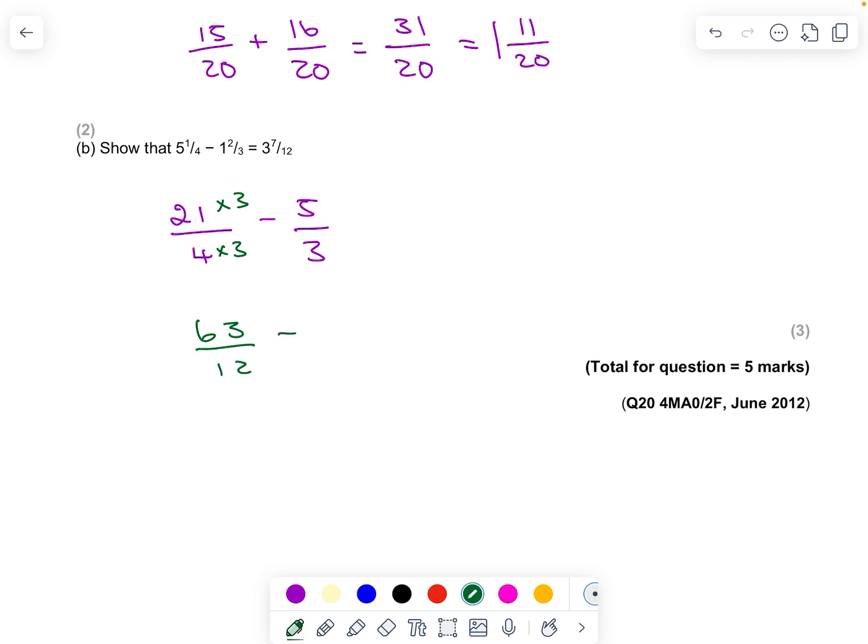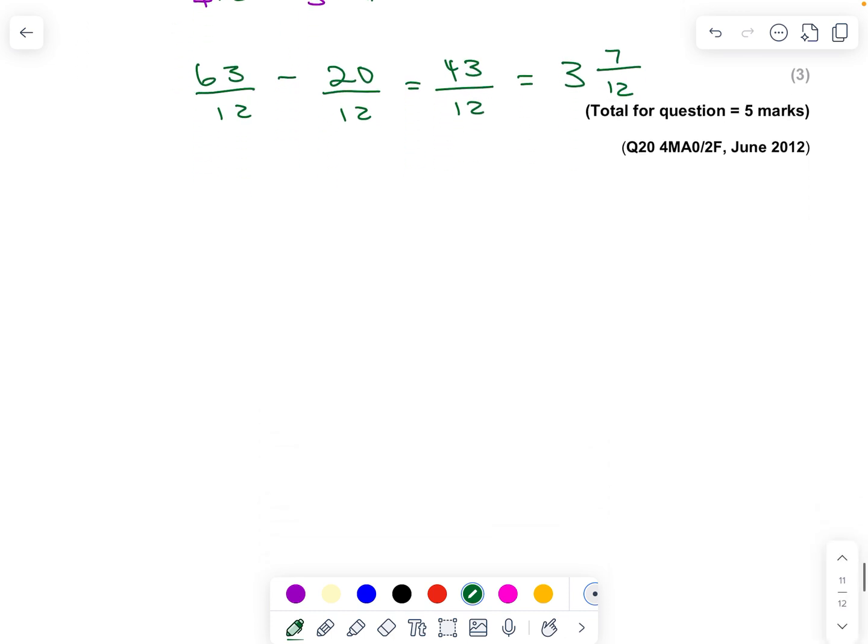Take away, I'm going to multiply top and bottom of the second fraction by 4 to give me 20 over 12. And 63 take away 20 is 43 over 12. Now I can turn it back into a mixed number. How many 12s go into 43? 3, because 3 times 12 is 36. And there's 7 left over, so 7 over 12.